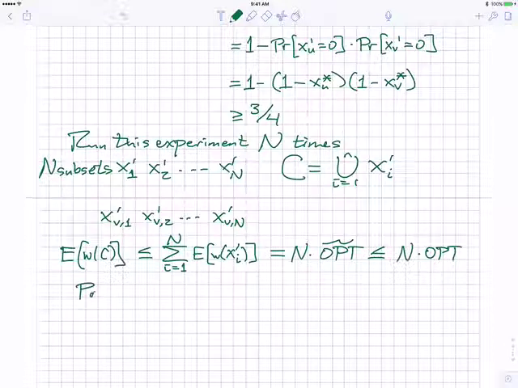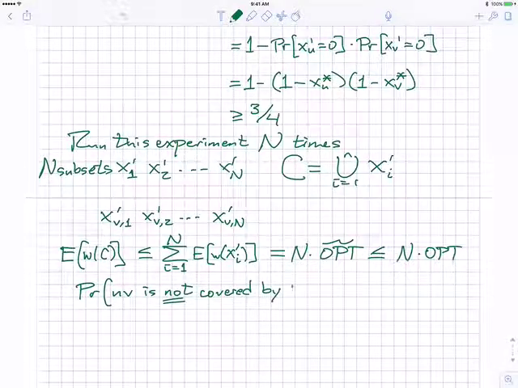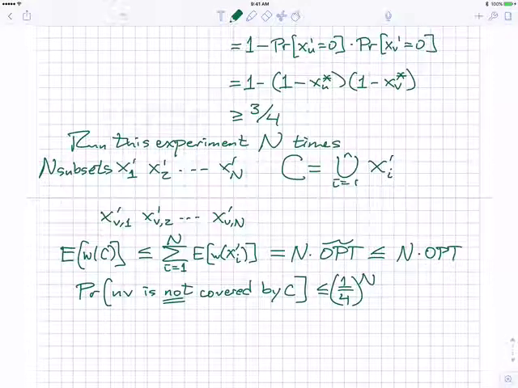But the probability that uv is not covered by C, basically by the logic that we've seen before, is going to be 1/4 to the N. Okay? So now I'm going to play the game that we played at the end of when we were talking about randomized algorithms. It's going to be okay if the algorithm fails some of the time, as long as the probability of failure is small.